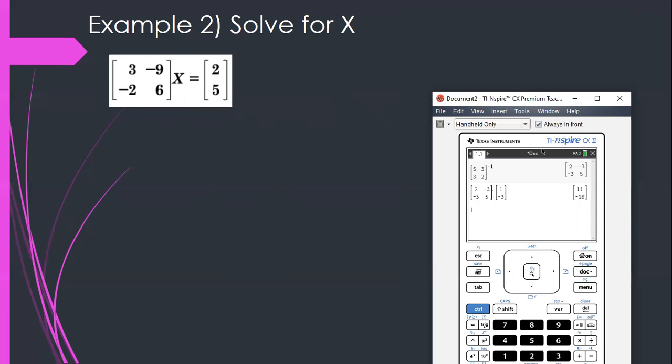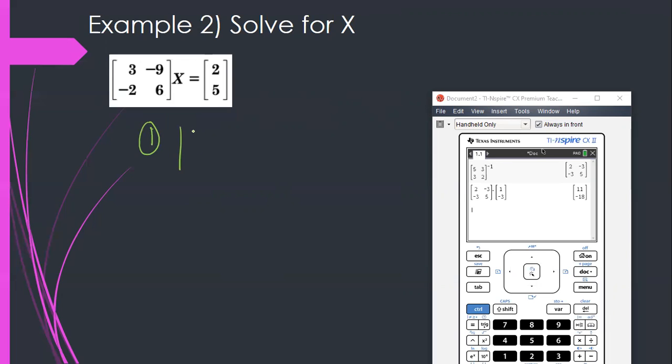So our second example, we have 3, -9, -2, 6 times matrix X equals 2, 5. Step 1 is always to find the determinant to know if you even need to go any further.